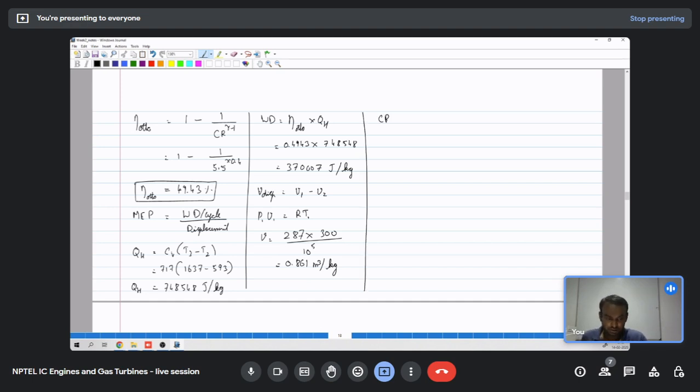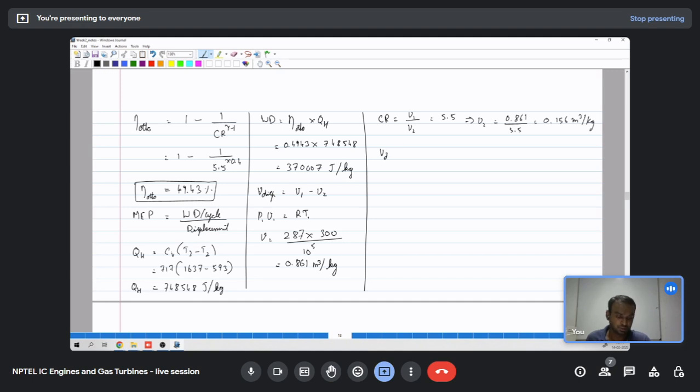We had compression ratio, V1 by V2, as 5.5, which means V2 is 0.861 by 5.5, so this is 0.156 meter cube per kg.